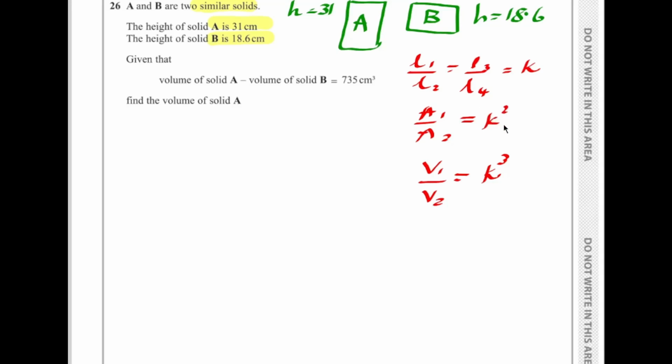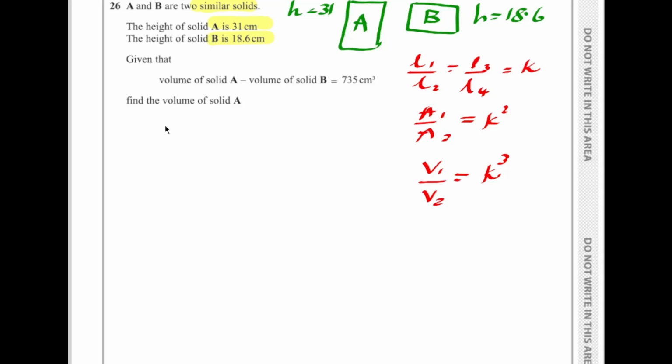How do you come back to the volume scale factor? You can't straight away come to the volume one. You need to go back to the K by getting the root. Then K can be cubed. That's how you have to go to the volume scale factor.